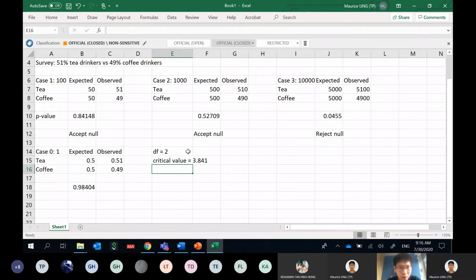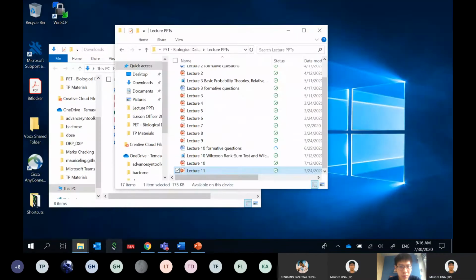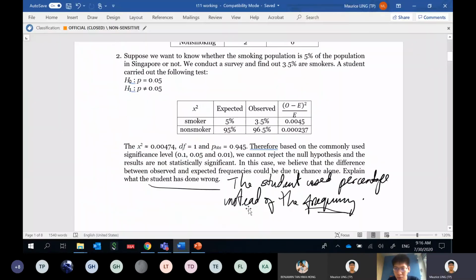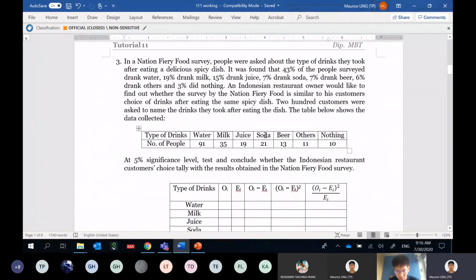But you realize that the chi-square is different, giving you different p-values. That is why you cannot use percentage. You have to use the frequency. Hopefully this covers why. So do you understand why now, Ben? Yes. Okay, good.